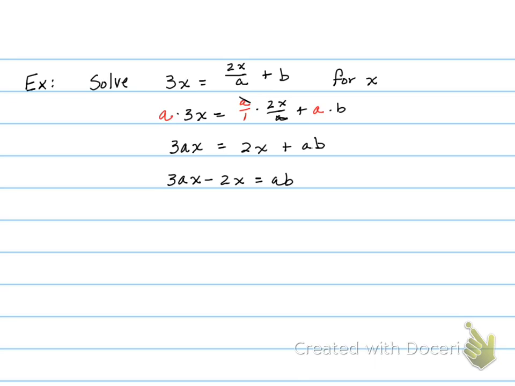And now we're going to combine like terms. We know that our goal is to have some new coefficient times our variable. We get the new coefficient by subtracting the old coefficients. So what's my new coefficient going to be?